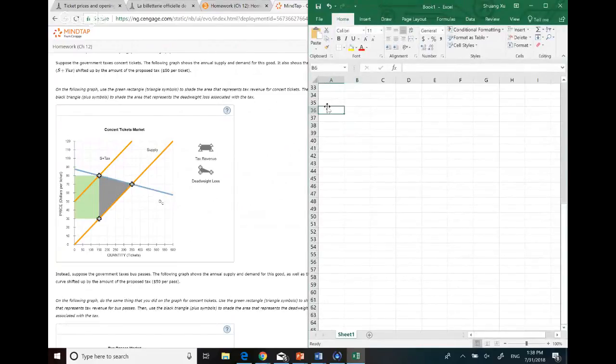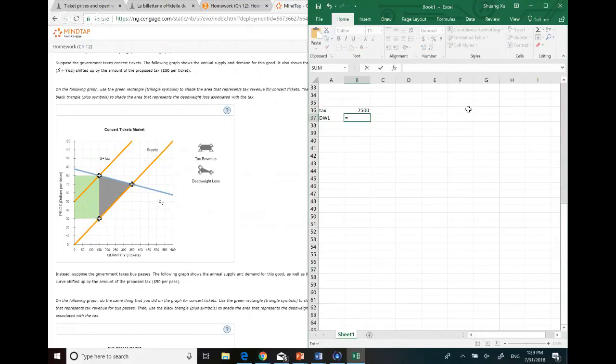All right, so tax revenue and then deadweight loss. Tax revenue for this one will be base times height. So the vertical difference will be from 80 to 30, and the horizontal difference will be 150. That's your tax revenue.